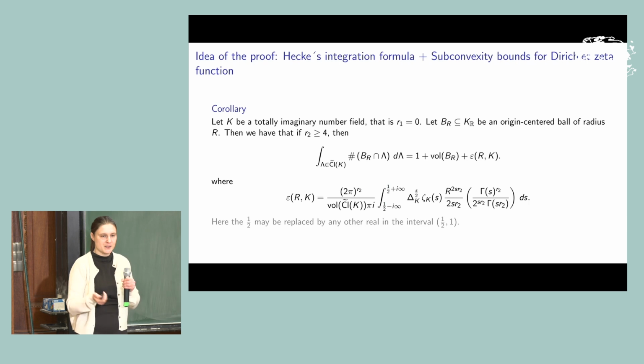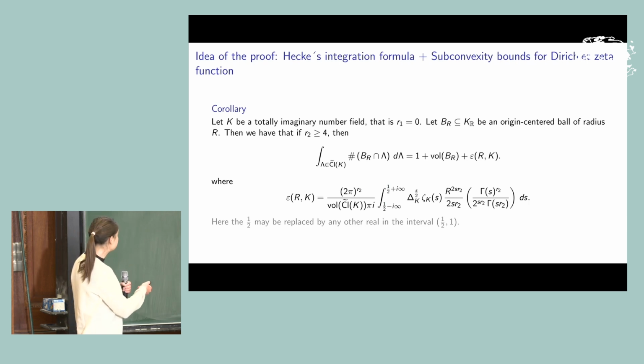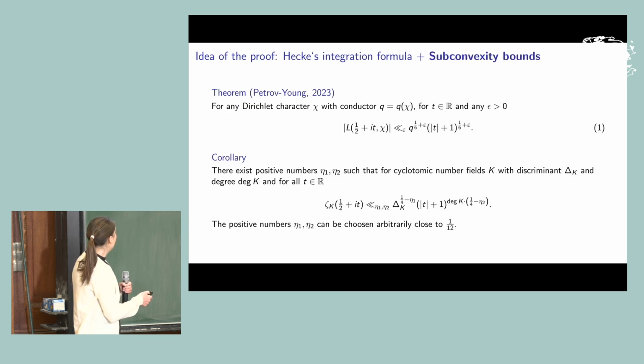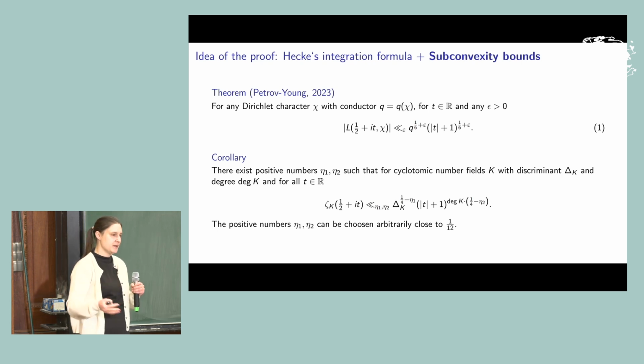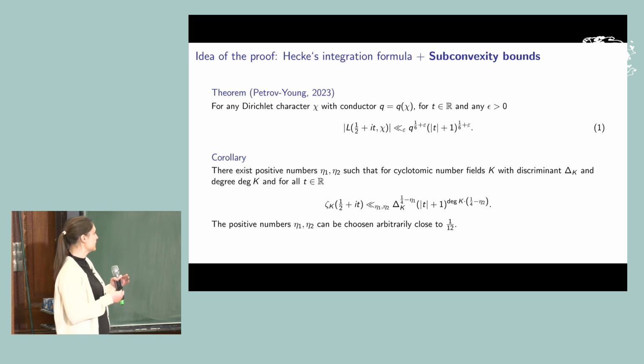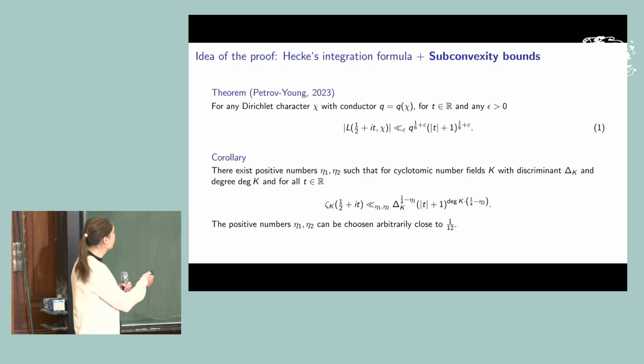There are many results that we can just import for our purposes. And here is the recent result that I was talking about, which allowed us to get good estimates. This type of subconvexity bound has a long history with many forms and many aspects, with a lot of improvements happening and many people working in the area.